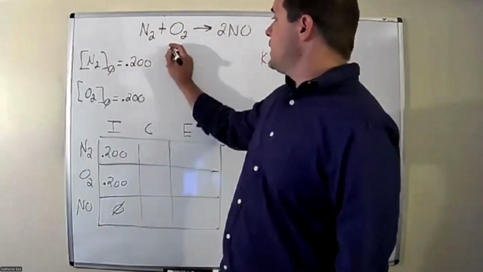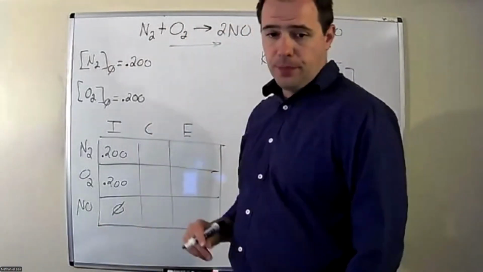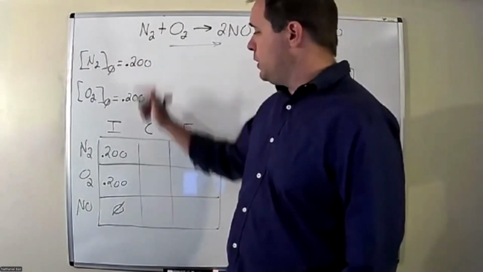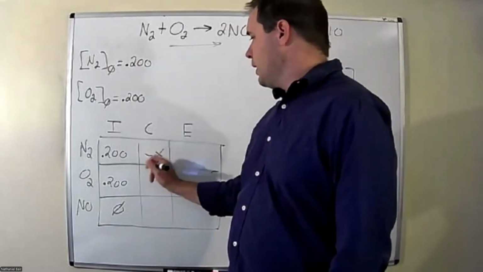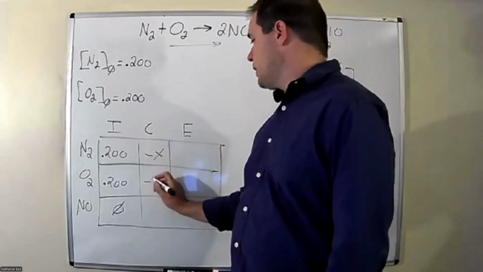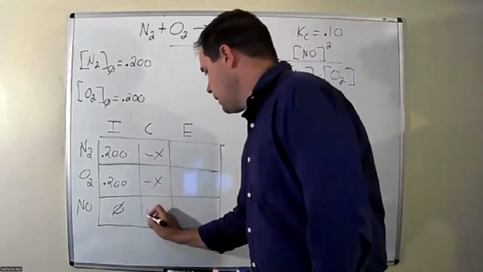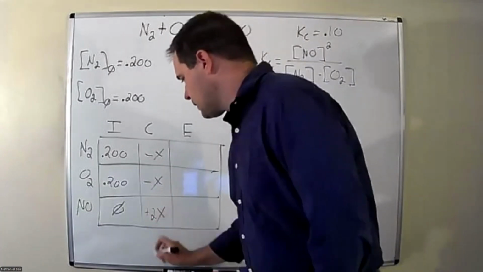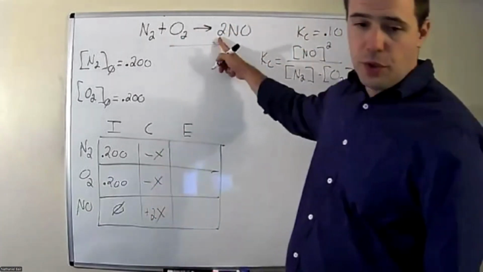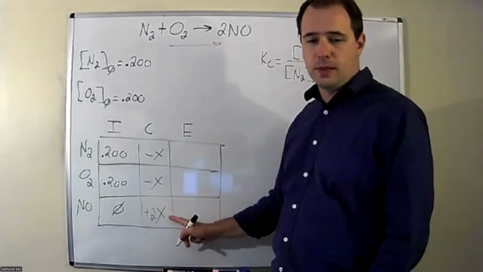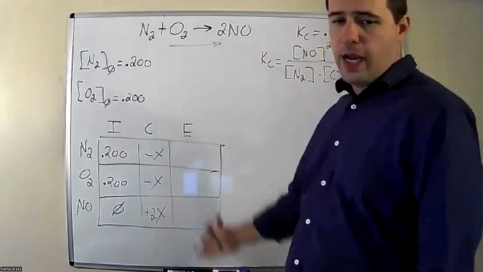The reaction has got to go right to reach equilibrium. That means the N2 is going to go down, the O2 is going to go down, and the NO is going to go up by 2x. Why a 2? Because it's got a coefficient of 2. Check your change column.